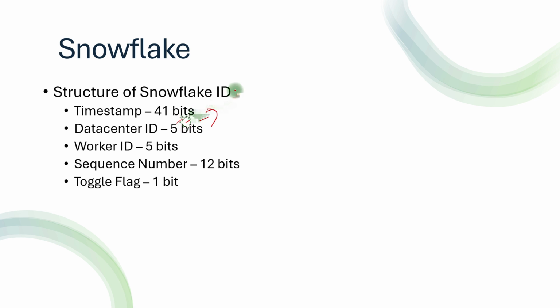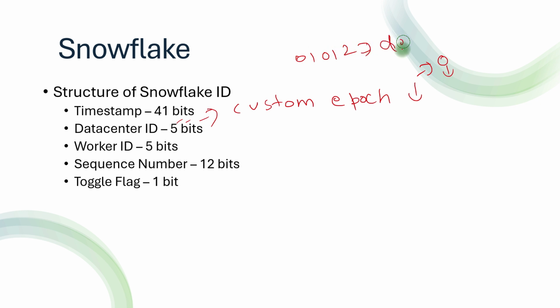The timestamp represents 41 bits. How does it come into the picture? We can have a custom epoch, because we need a certain time from which to count. It is customizable. Twitter has its own custom epoch from which milliseconds are calculated, because ultimately this is represented in numbers, and we should have a way to get the decimal out of it. From the decimal we can convert to the actual date.